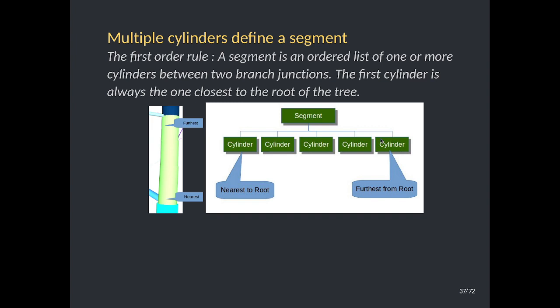A segment is a list of multiple cylinders, and the list is ordered: the first cylinder is always the nearest to the root, and the last cylinder the furthest from the root. So the root is somewhere like here on the ground, and this cylinder is the first.